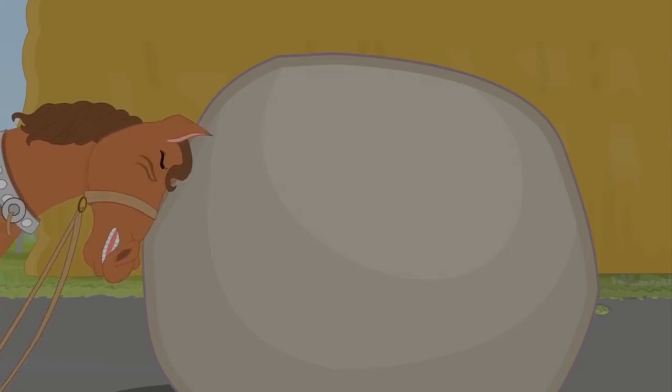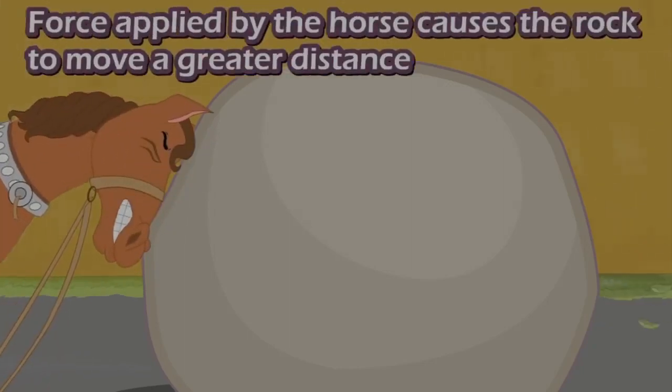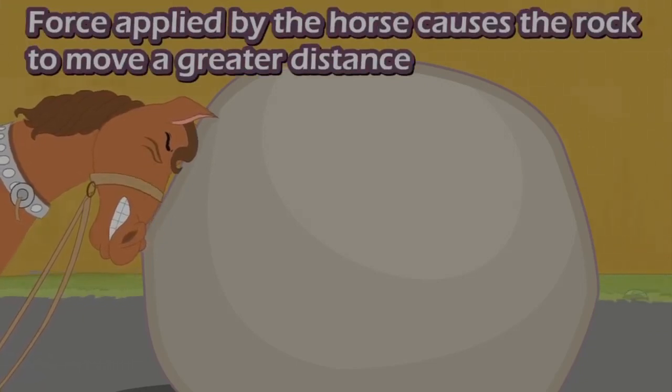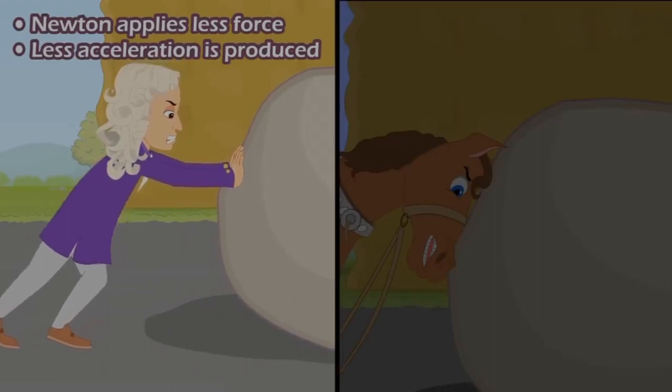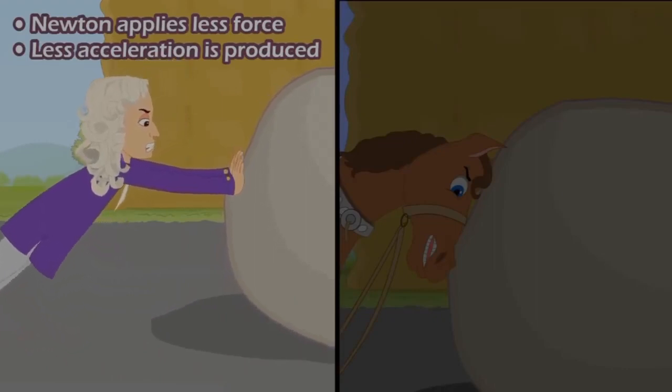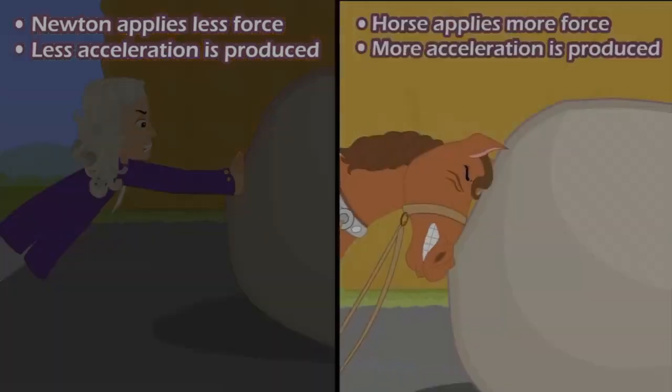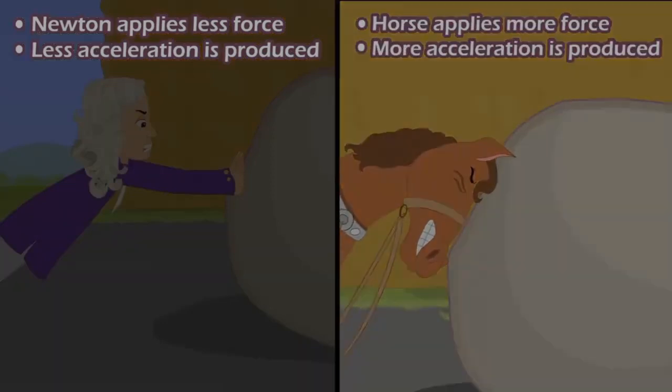Force applied by the horse causes the rock to move a greater distance. Newton applies less force, less acceleration is produced. Horse applies more force, more acceleration is produced. Hence, force is proportional to acceleration.